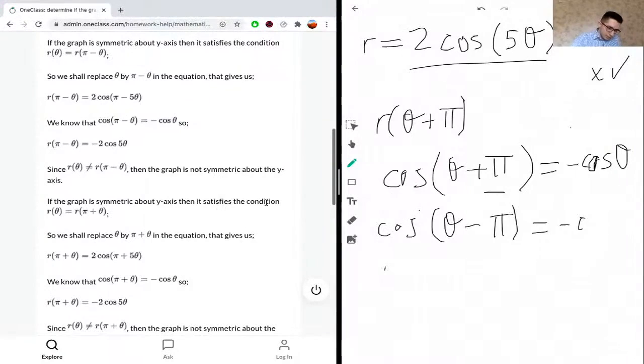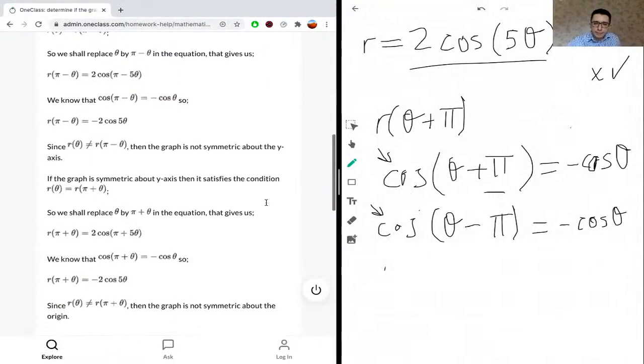Oh, sorry, this is a little messy. So we still get negative cos theta for the y-axis symmetry test, and then this is the origin symmetry test. We can include the 2 in the front, but 2 doesn't really affect it, and the 5 also doesn't affect it, so really we only care about the angle in the cos component. So here we only observe x-axis symmetry for the presented equation.